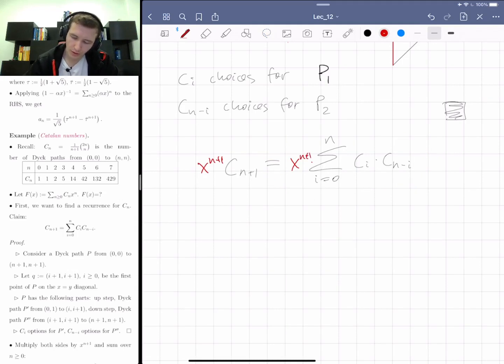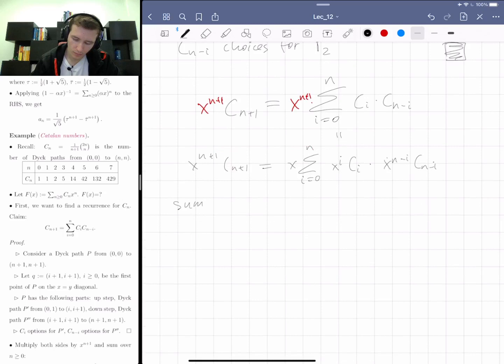Then you can write this as x to the i, c_i, times x to the n minus i, c_{n-i}, times x, is equal to x to the n plus 1, c_{n+1}. And then you just sum over all n.